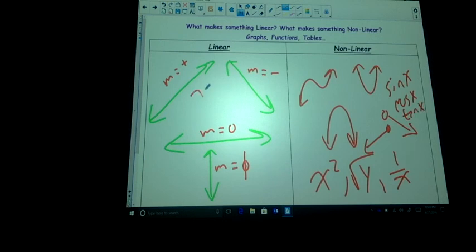Linear stuff, you have x, you might have a number in front of x, you might have 3x, you might have 5y, those all work. Okay, as long as your x's and y's aren't exponents, denominators, under a square root sign, or have sin, cos, tan, or log or natural log, so log of x, or natural log of x, or 5 to the x power, all those things are nonlinear.